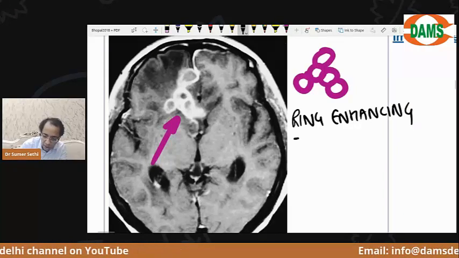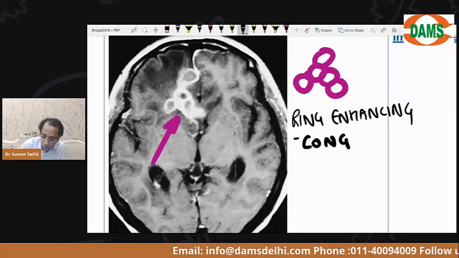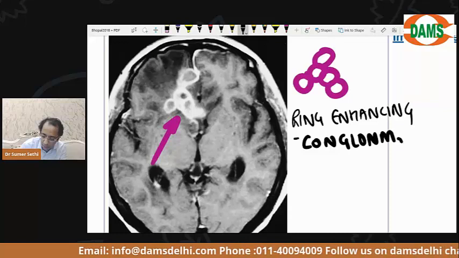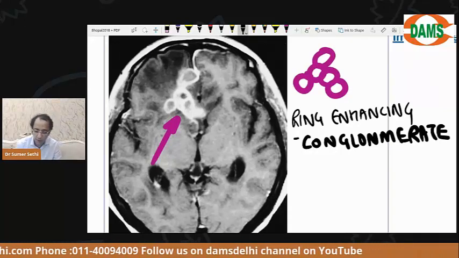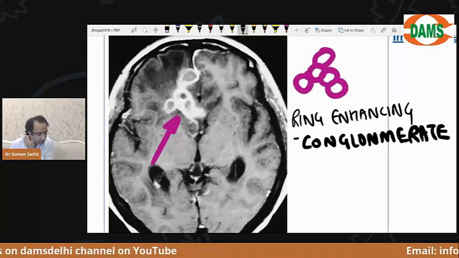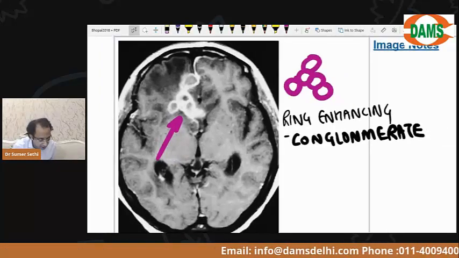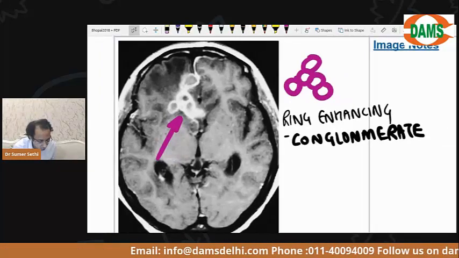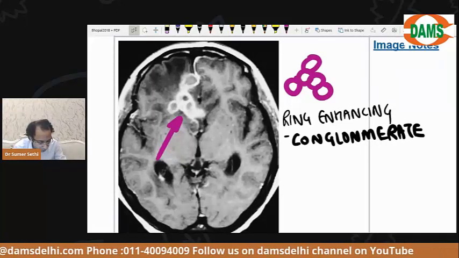They are all sticking to each other. In English we call it conglomerate. They stick to each other and form a bunch. We say conglomerate. So in this image you can see conglomerate ring enhancing lesions. Everybody clear?